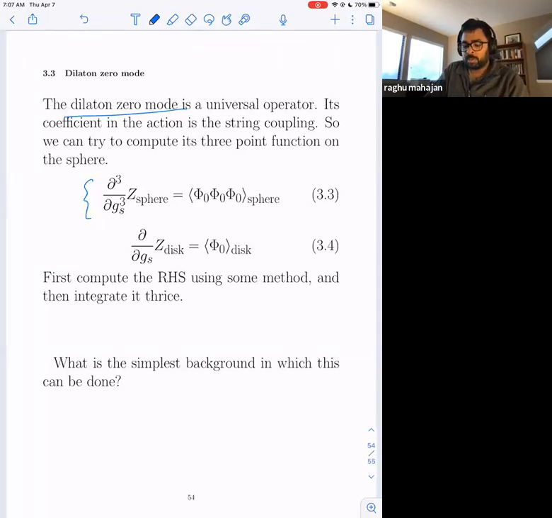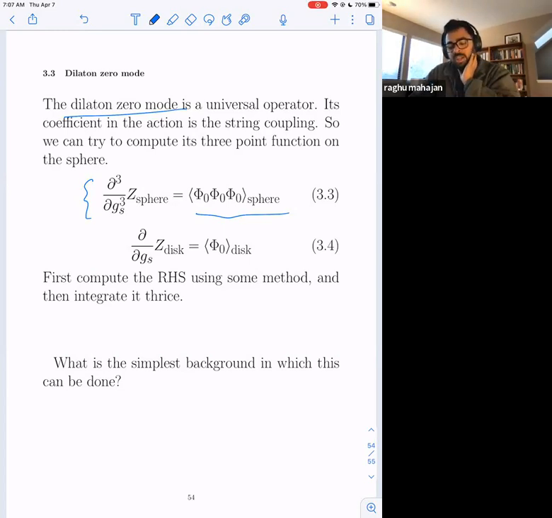Because G string multiplies this dilaton zero mode, this is equal to the 3-point function of the dilaton zero modes on the sphere. And since this is a 3-point function, the PSL2C is naturally fixed on the right-hand side.